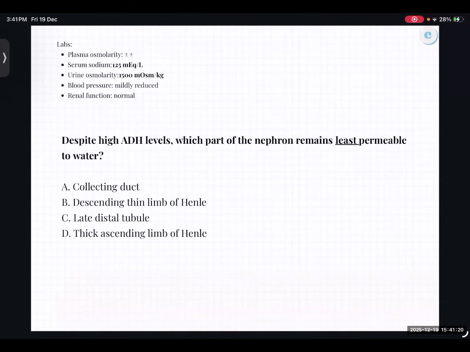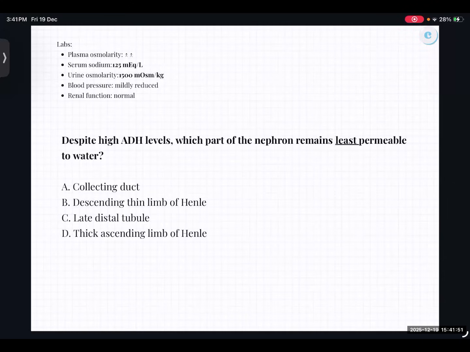Okay. So for the third question of our case, we know that this patient has high ADH levels, but which part of our nephron remains the least permeable to water, even with the high ADH levels? What do you guys think? Correct.